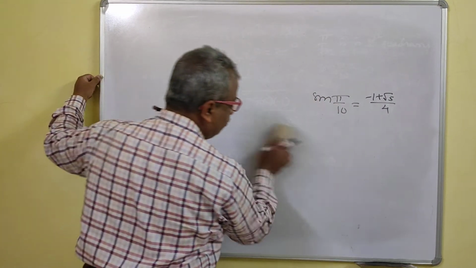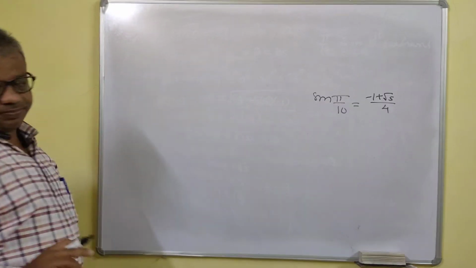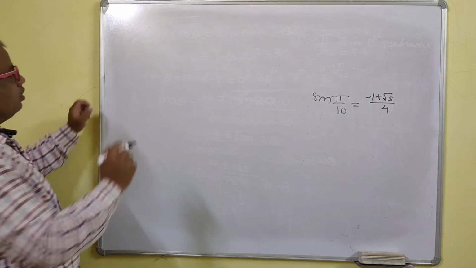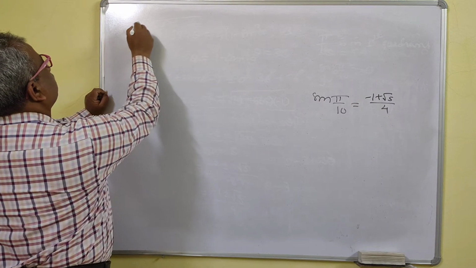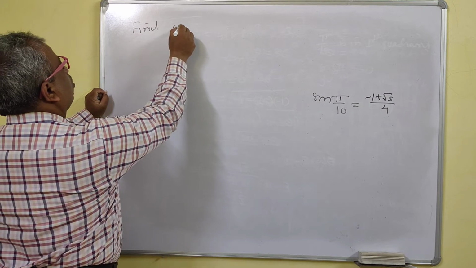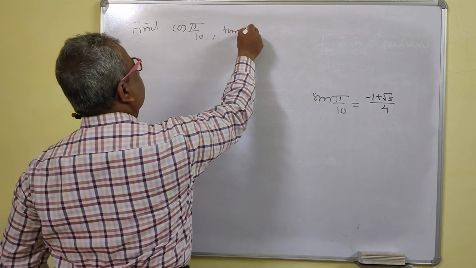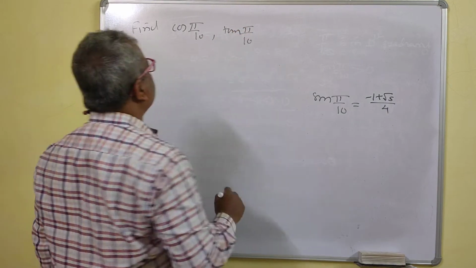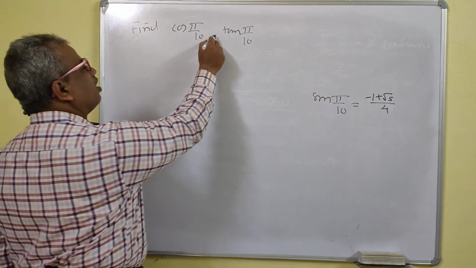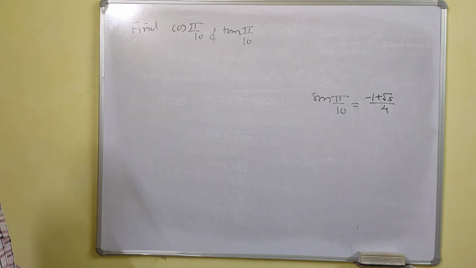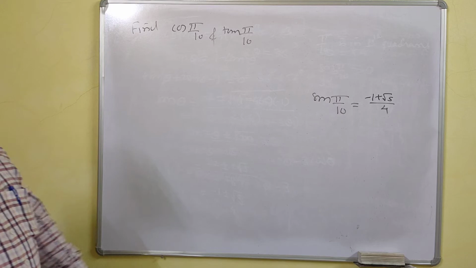In the same way, we take a problem. Find cos pi by 10 and tan pi by 10. We say only cos, and the other we can find. Okay, so now we have this value.